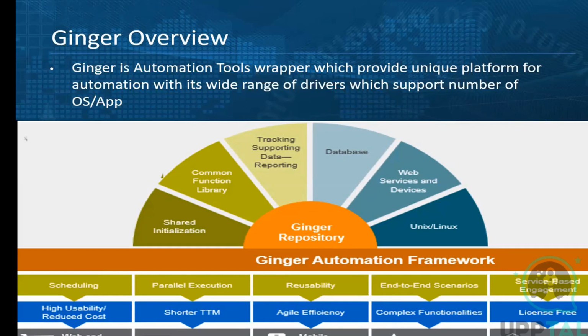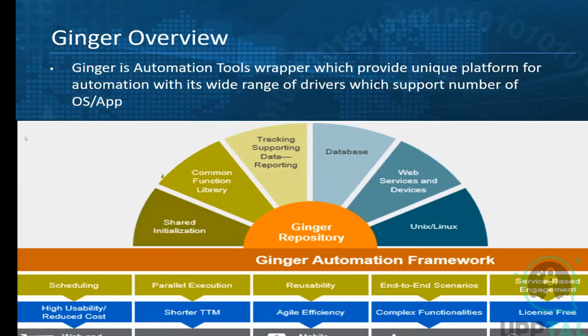These integrations are quite complex, and that is made easy when we automate using Ginger, so that these end-to-end automations can be run in a single click. That is called end-to-end scenario support using Ginger, and we can achieve these complex functionalities using Ginger very easily.